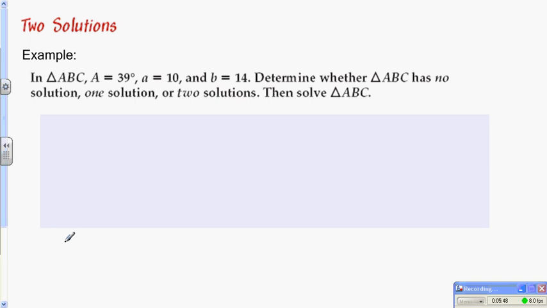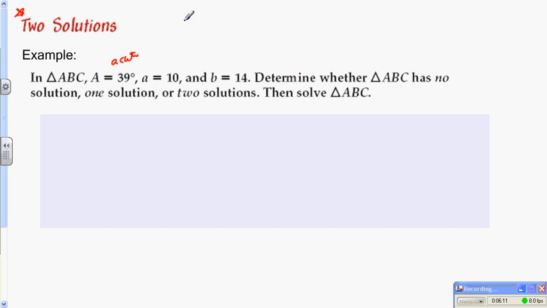Well, here we go. What does 2 solutions look like? Well, this is acute, which means we first of all want to decide, is it no solution, 1 solution, or 2 solutions, even though we have a hint. Then we want to find out how they compare.